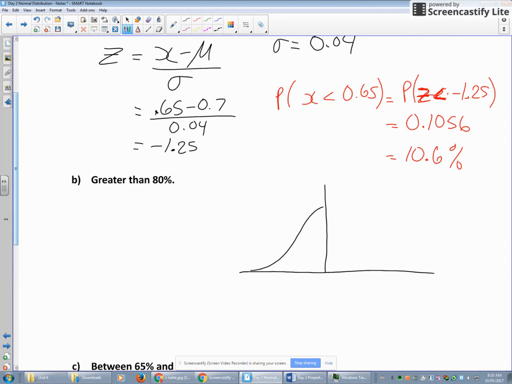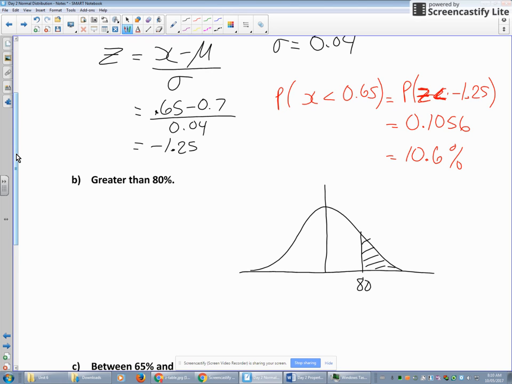We know that we've got a normal standard distribution, and what we're talking about is an 80% question here. So if it's greater than 80%, I'm talking about that area of my graph.